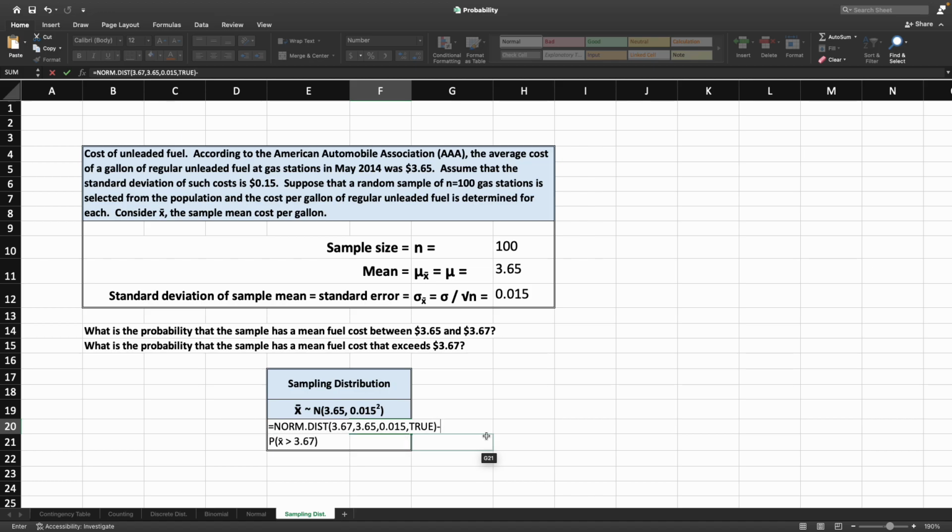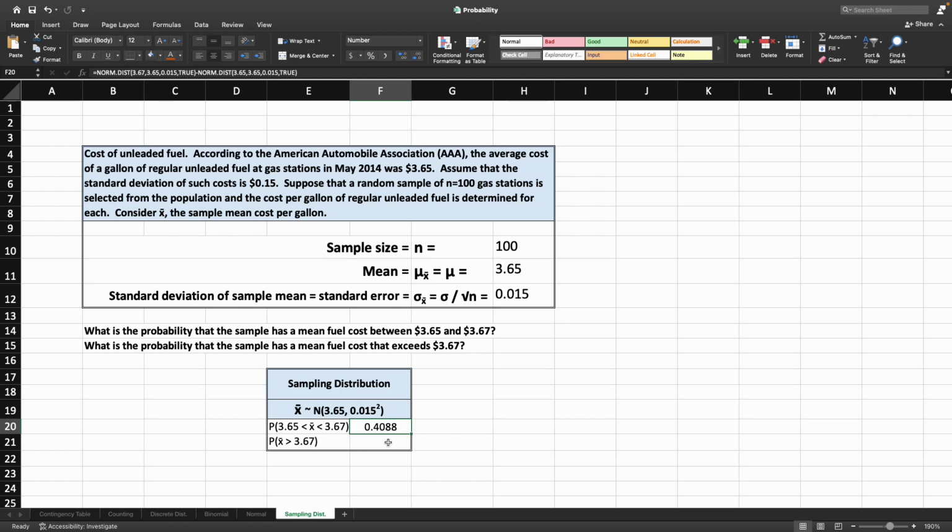And then we need to subtract, so norm.dist, 3.65, comma, mean, 3.65, comma, standard deviation, 0.015, comma, true, close parenthesis, enter. And we get something extremely similar to what we calculated in the lecture notes.